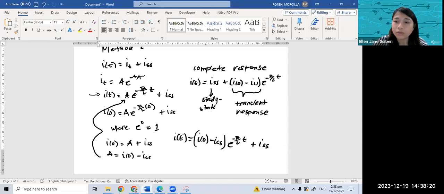How do we know the value of I steady state? This one is easy. The inductor becomes shorted, so you can get the value of its current based on the circuit. The value flowing through the short circuit is the value of your I steady state.